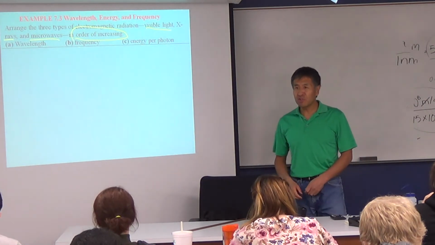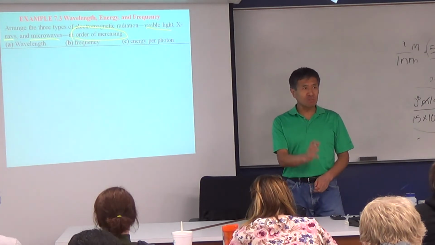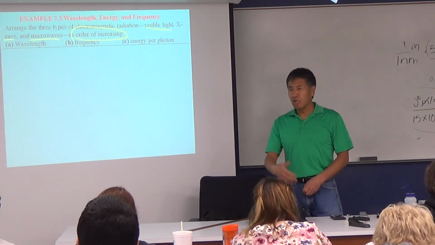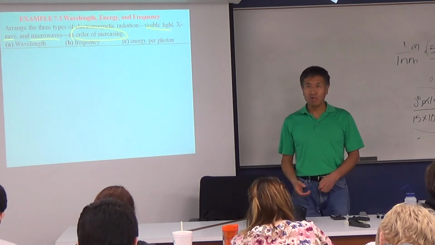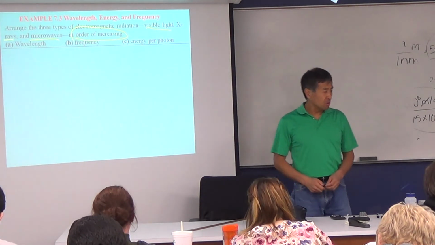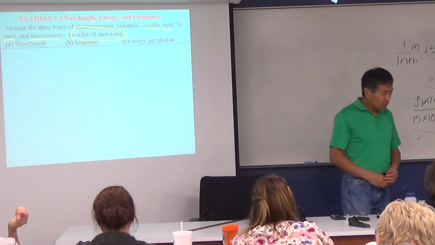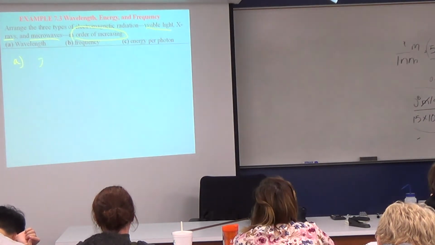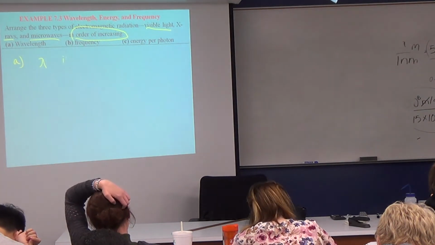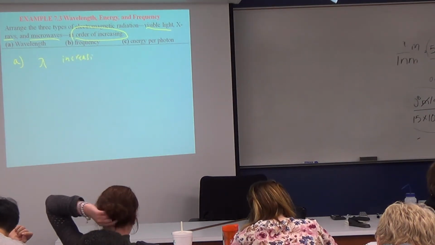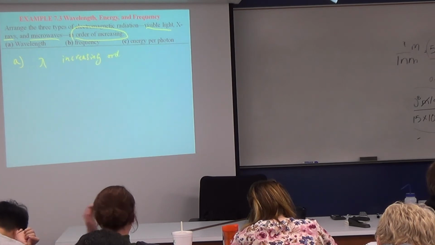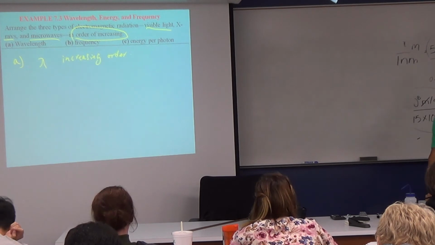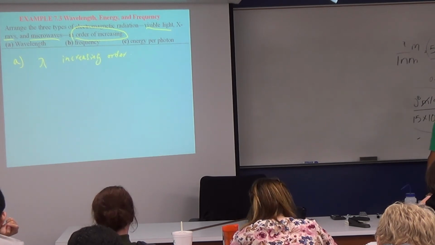When I say increasing order, you're starting from something small, or something lower, something less, gradually getting more or higher. Understand? So the first one you want to arrange in terms of wavelengths. Wavelength is called lambda. Let's see the increasing order, which means we want to find the radiation that has the smallest wavelength.